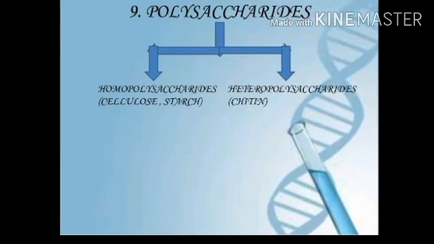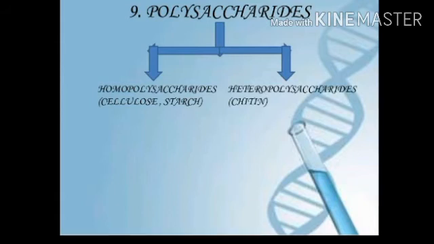First, we start with the polysaccharides. Polysaccharides are further divided into two parts. One is homopolysaccharides, the second is heteropolysaccharides. The polysaccharides which are made of the same type of monomer units are called homopolysaccharides.